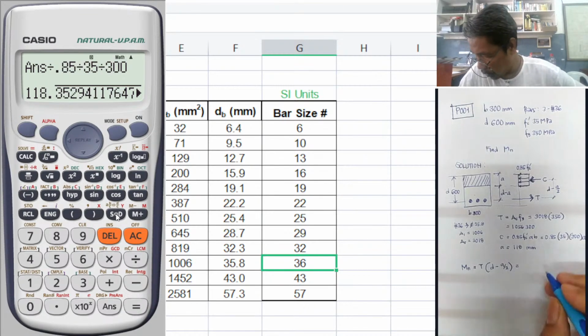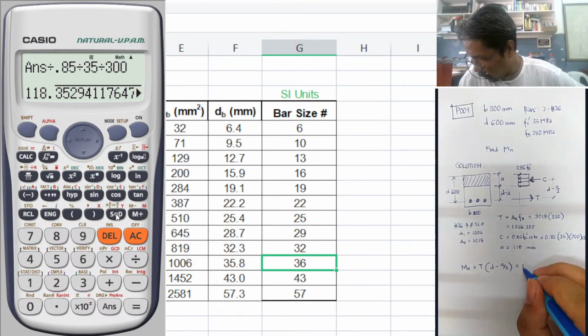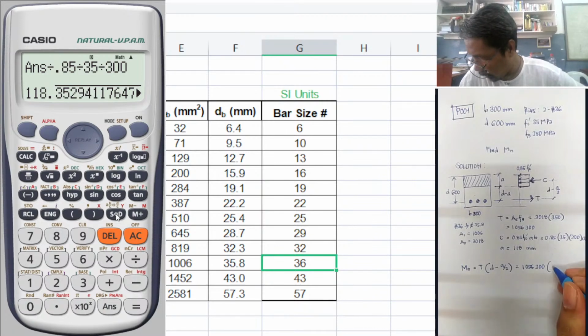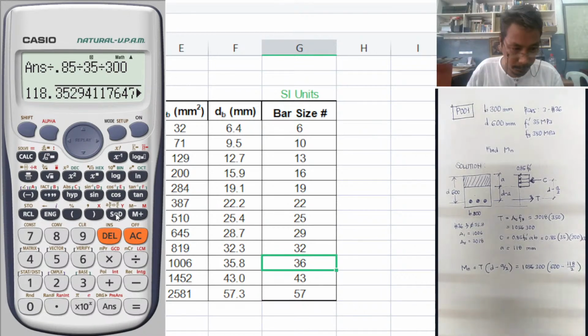T, we already found out the answer. Just write it down, multiply by D, which is 600, minus A, which is 118, divide by 2, and that's it.